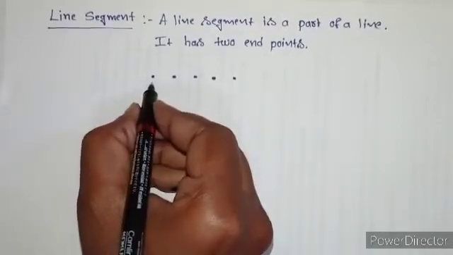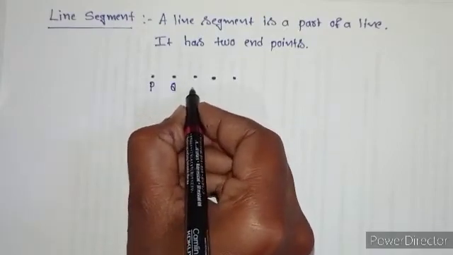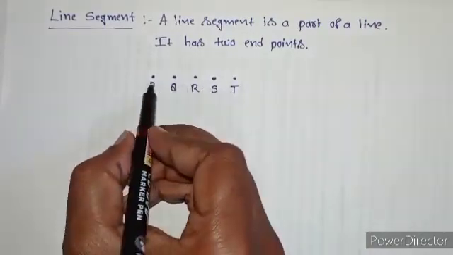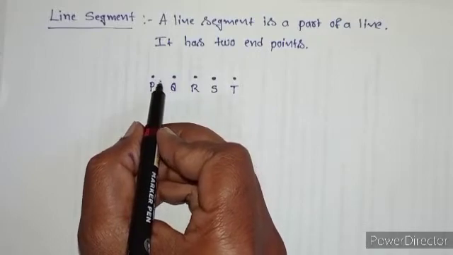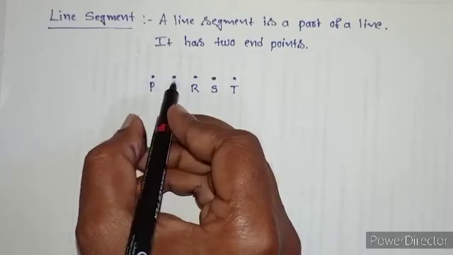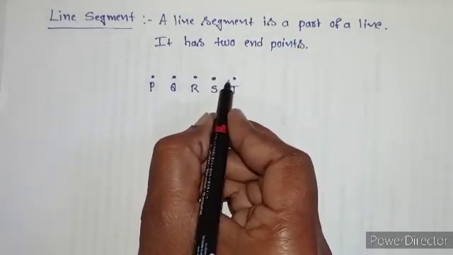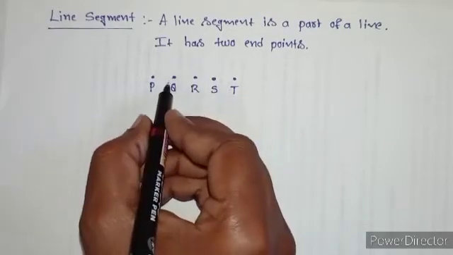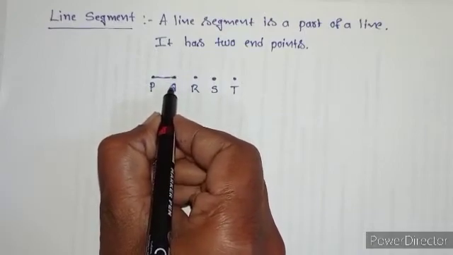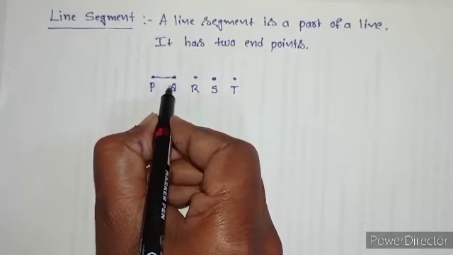I am going to give names for these points: P, Q, R, S, T. PQ is one segment, QR is one segment, RS is one segment, ST is one segment. Here I am going to join these 2 points, P and Q. So here we get the PQ line segment, right?